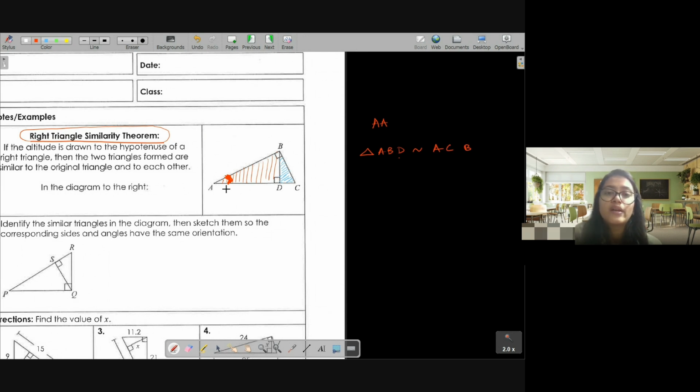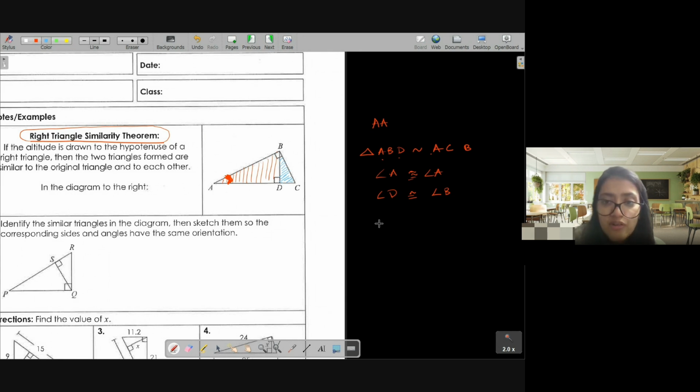ABD will be similar to ACB, because angle A is congruent to itself by the reflexive property, and angle D is congruent to angle B because they are both right angles.